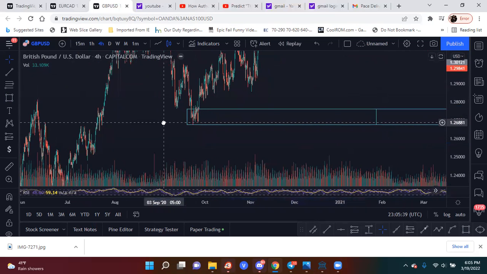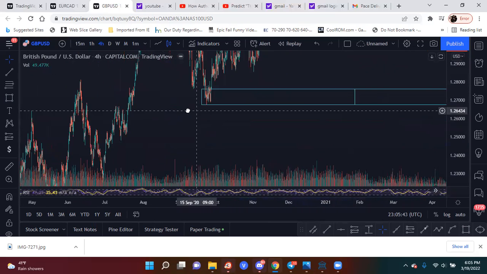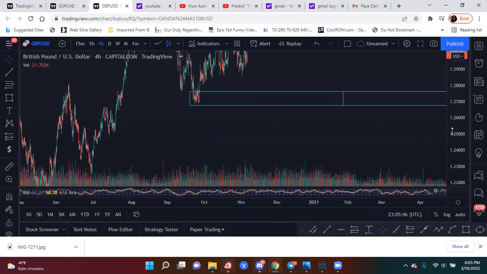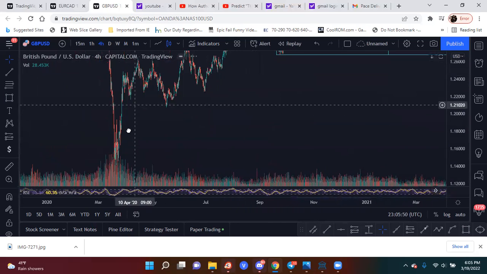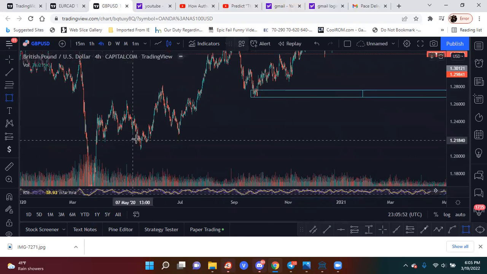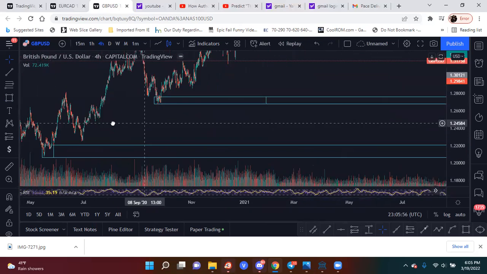So that order block needs to be fulfilled eventually, probably not quite yet. Look at all these order blocks down here. There's probably one that was right there that needs to be fulfilled.